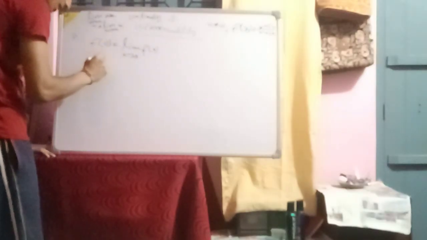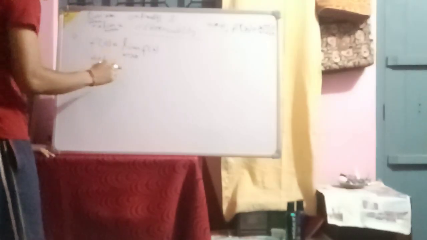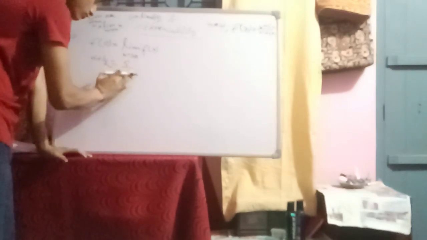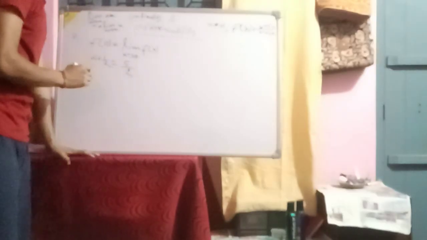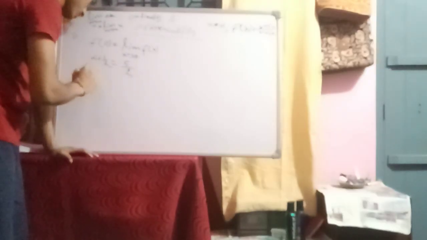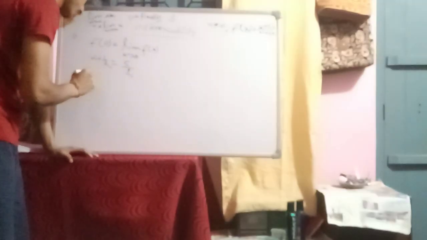We know that the functional value at point 0 is k plus half, and the limit as x approaches 0 of this function, we just calculated, becomes 5 over 2. Now we can subtract half from both sides.